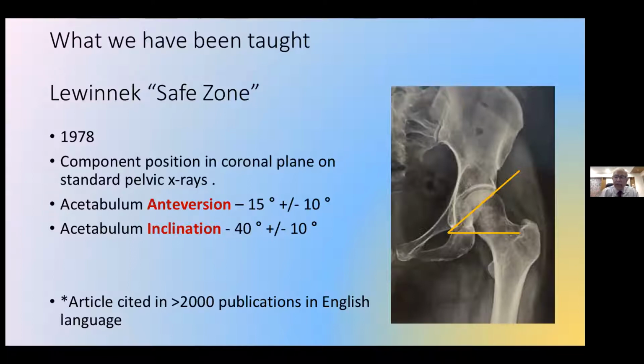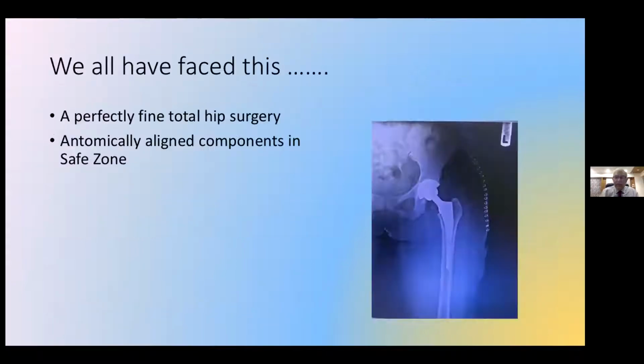He said that if we put our acetabular component at this angle and inclination, it is going to be the safe zone and it will prevent dislocation. But mind well, it was in a coronal plane on a standard pelvic X-ray.